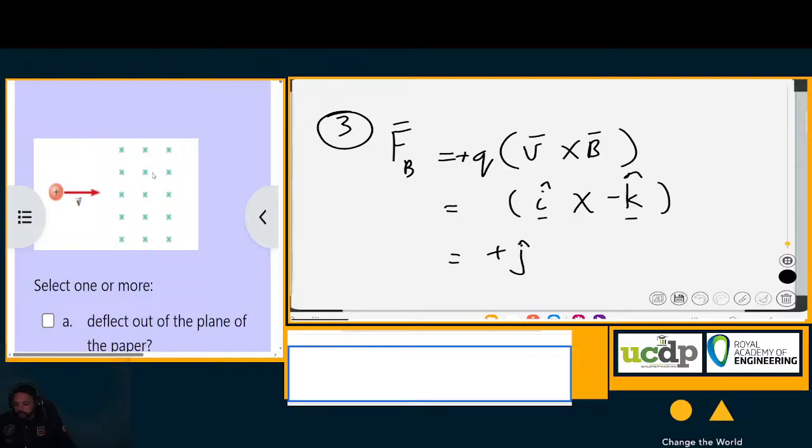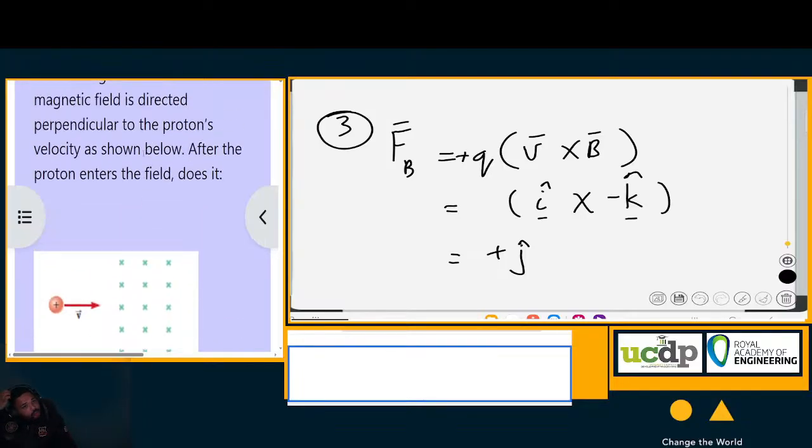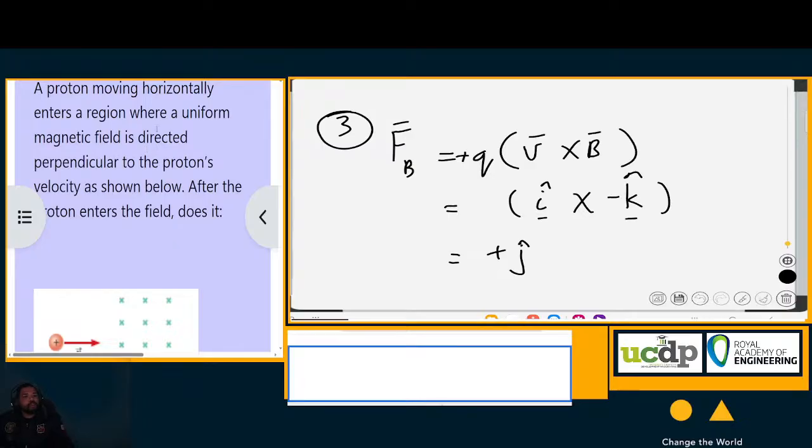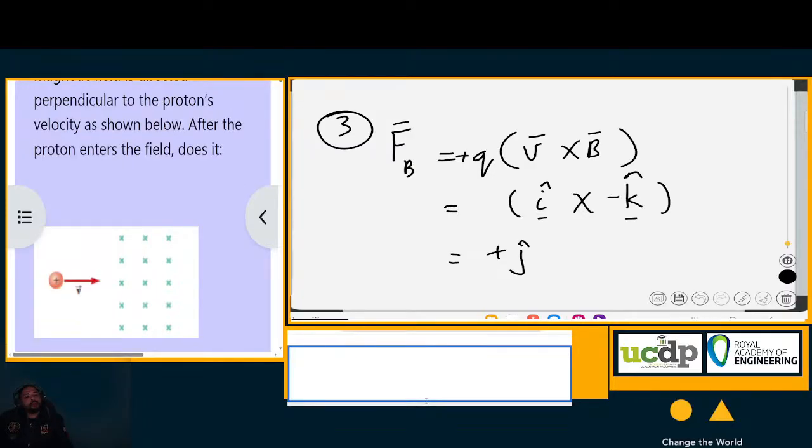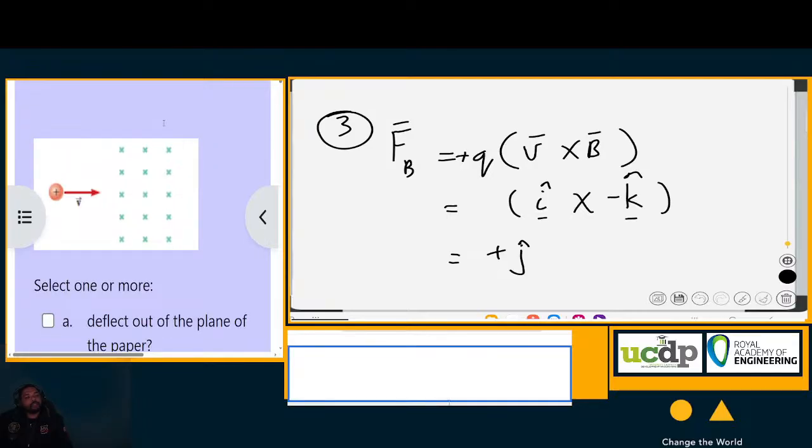Now, what else do we know? Or what do they want? They ask us here: a proton moving horizontally enters a region where a uniform magnetic field is directed as shown. After the proton enters the field, does it? So we know that the magnetic force would be upwards in the positive j direction. So this particle is going to be pushed upwards.